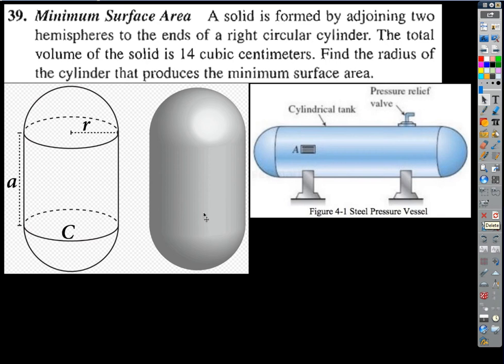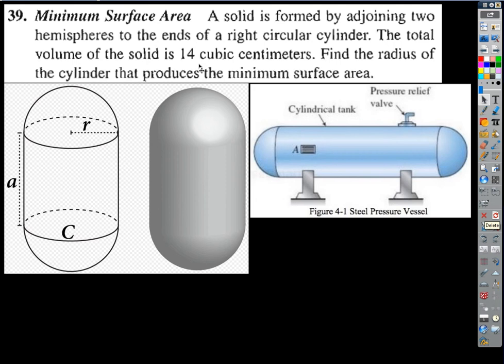If we know that the total volume needs to be, so this probably is a pill, or it's not a pill, but it's pretty small, 14 cubic centimeters. We want to find the radius of the cylinder that produces the minimum surface area.